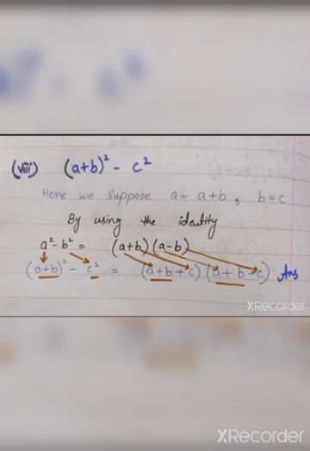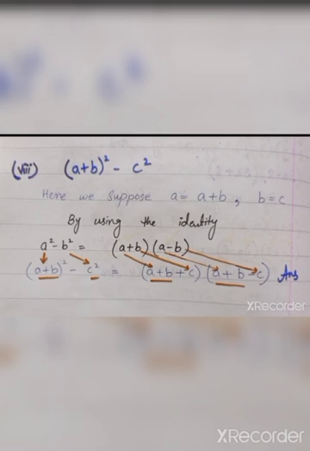Since both are squared terms and being separated by subtraction, this is truly a case of difference of two squares. So here we suppose a is equal to a plus b and b is equal to c.